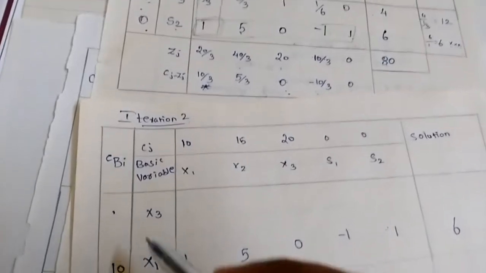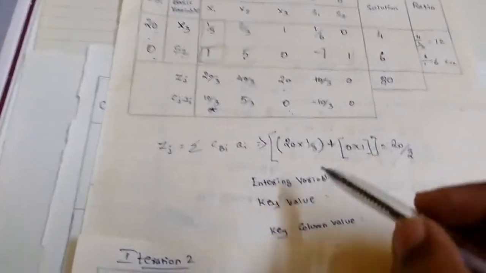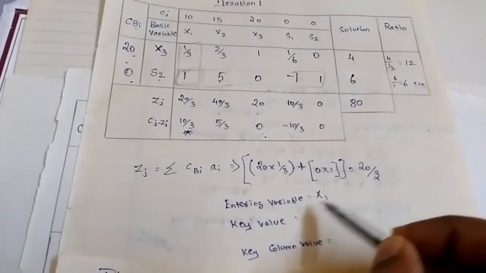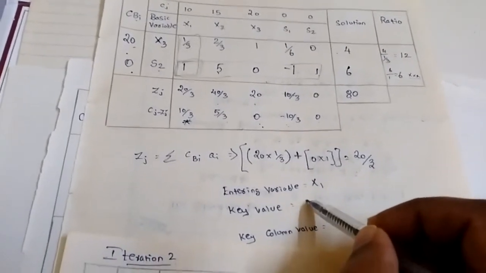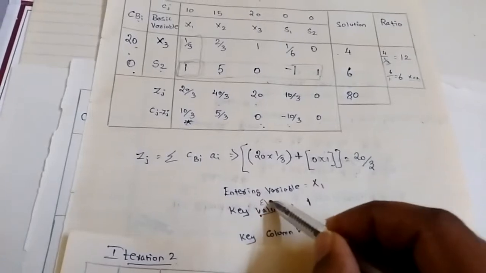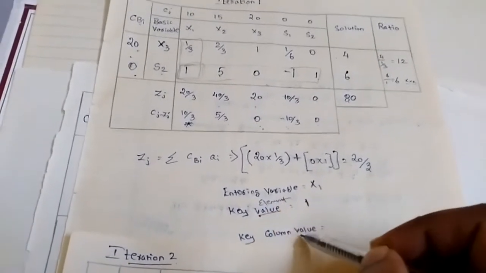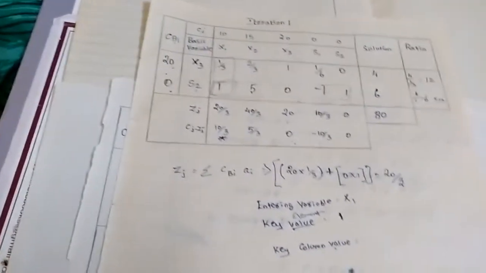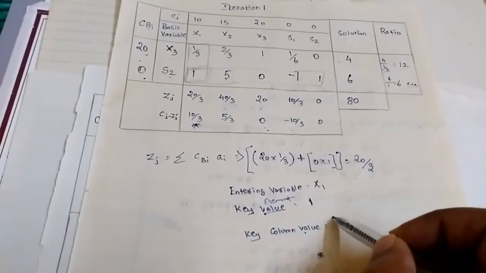For x3 the coefficient is 20, that will remain the same, but for these values we are going to calculate the new values using the formula. Here what is the entering variable? x1. Key element, or key value, is 1. The key column value for this x3 row is 1 by 3.